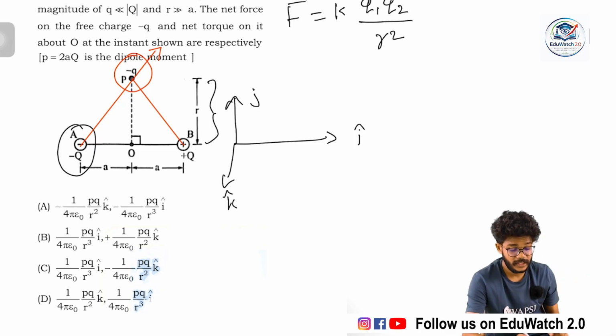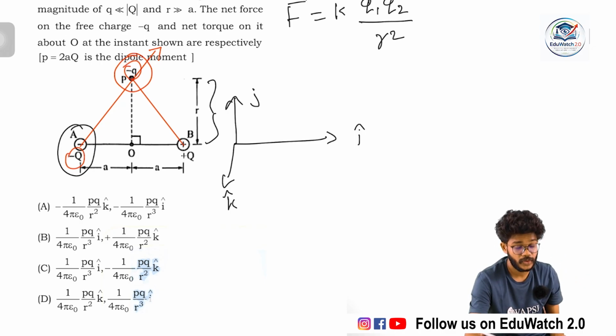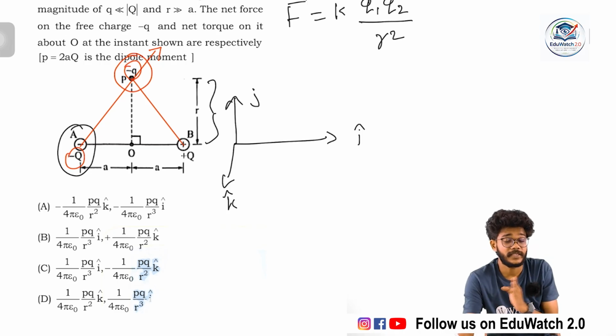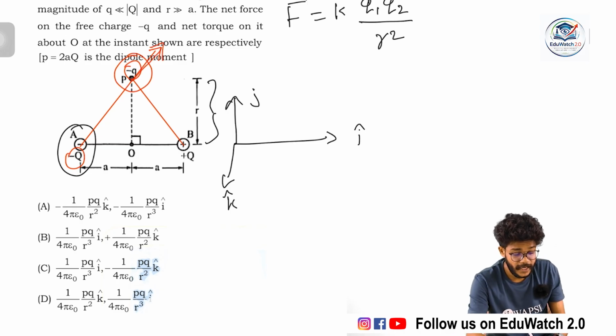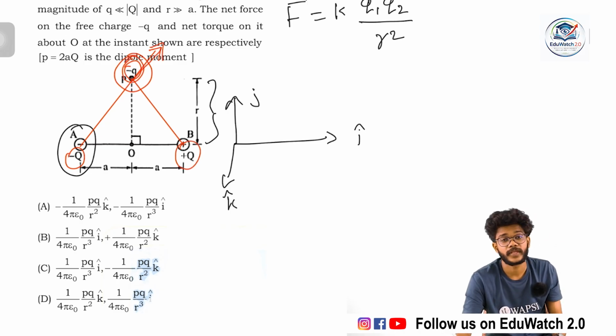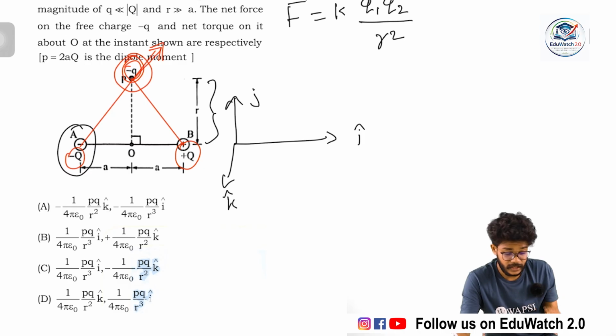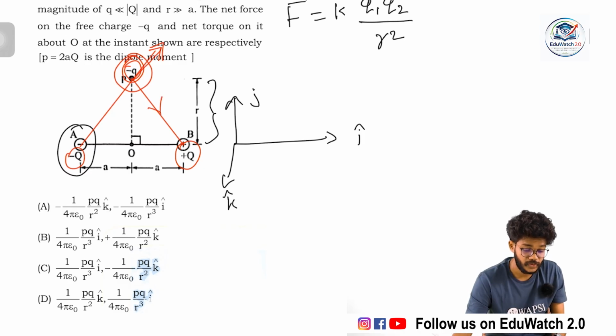This minus q and this minus q are the same charge, which means both are negative, so both same type of charge will repel, that's why I pointed outward. And this minus q and this plus q are opposite charges, so opposite charges attract, so the force is towards this.